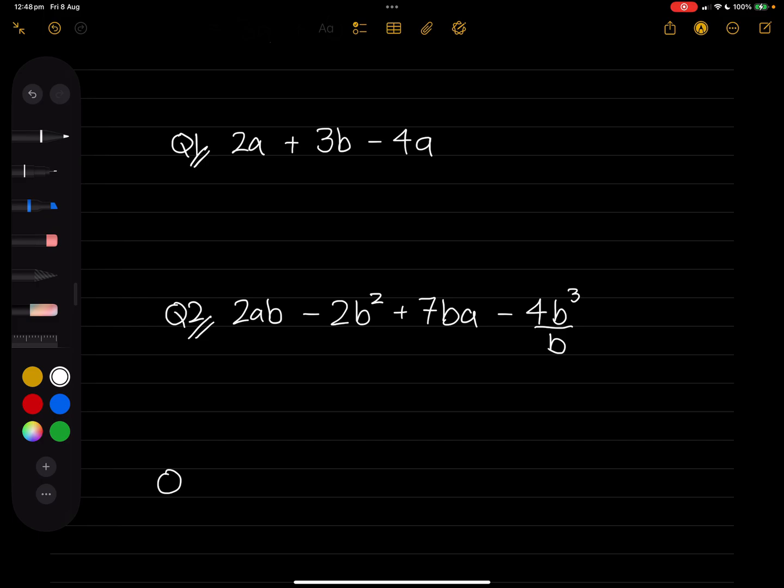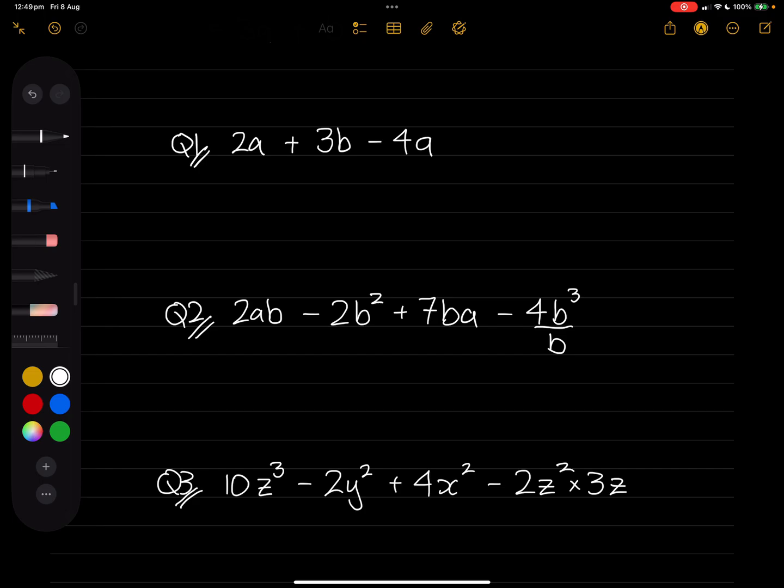And then question 3, we might do 10z cubed minus 2y squared plus 4x squared minus 2z squared times 3z. So pause the video now, have a go.